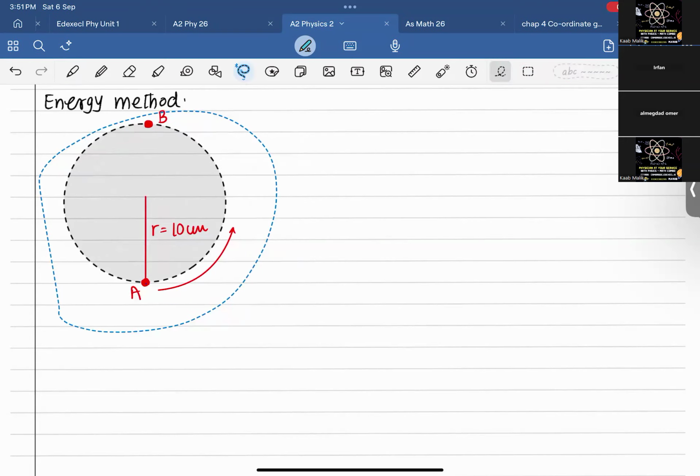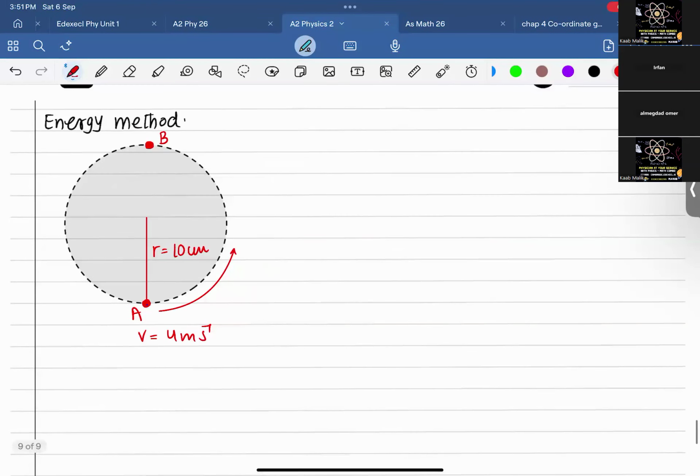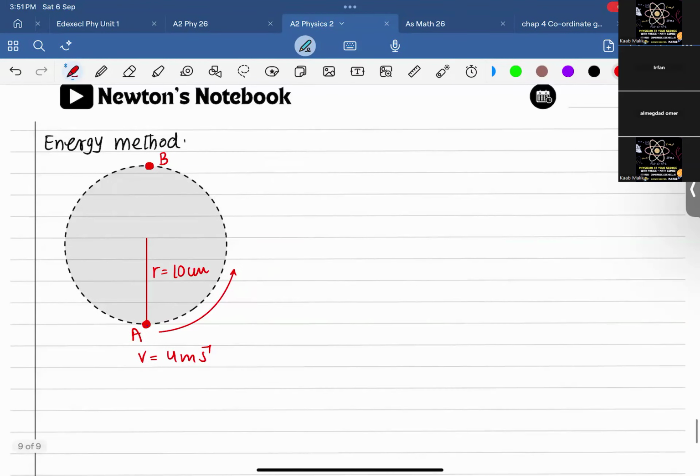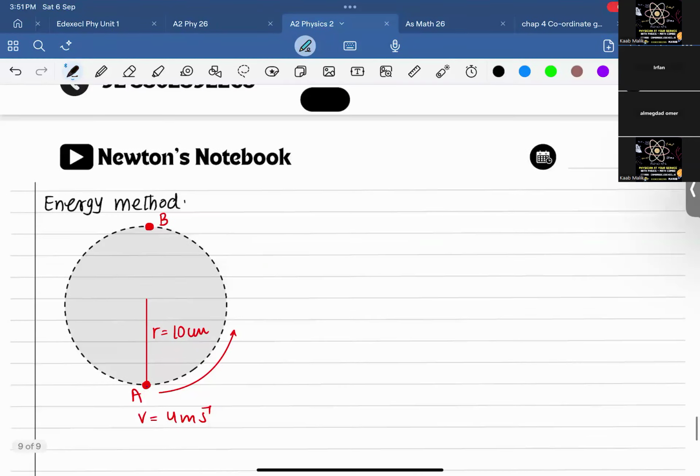And then let's say at point A, we are given a velocity of 4 meters per second, right? And I'm asking you to find out or justify. It's more like a word problem, not a derivation.